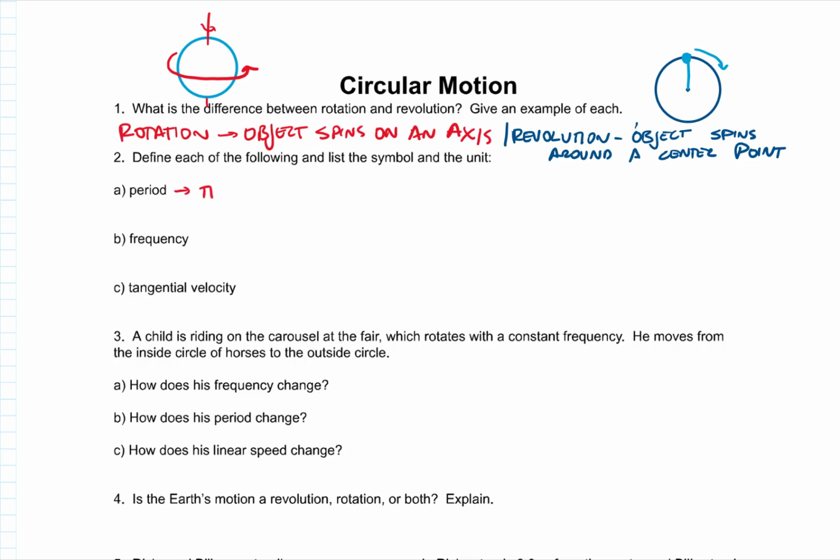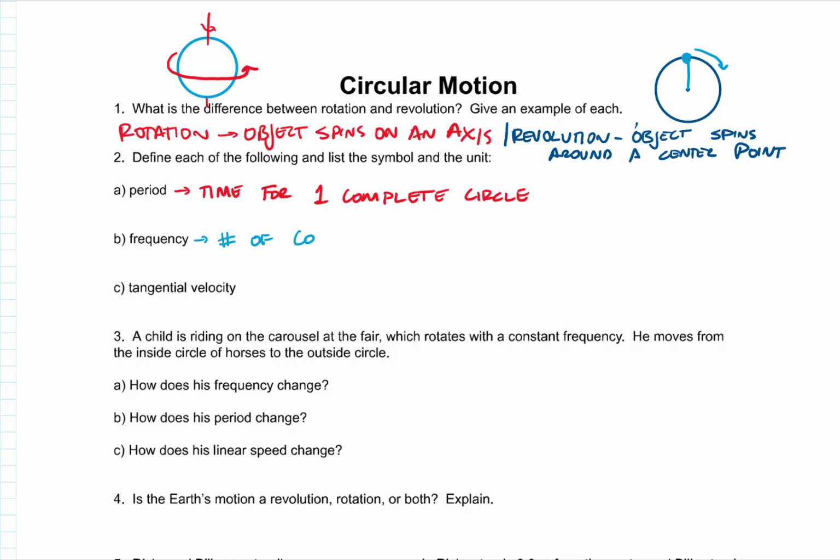Okay, so these are three very important ideas: period, frequency, and tangential velocity, or linear speed of an object. So the period, that is the time for one complete revolution, one complete circle. We use a big capital T for the period.